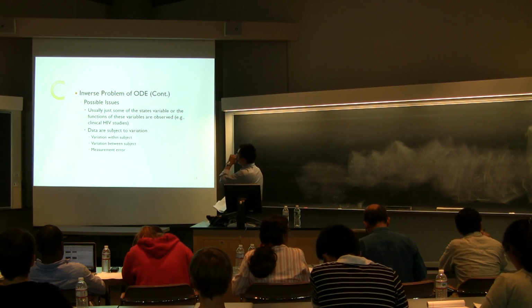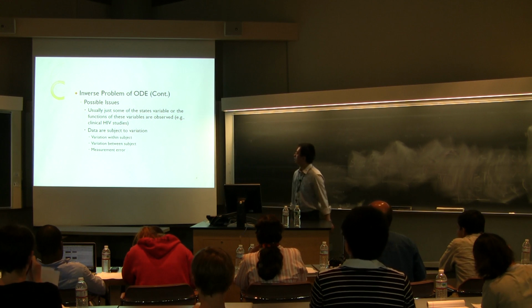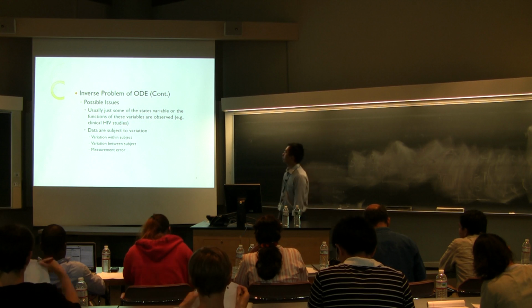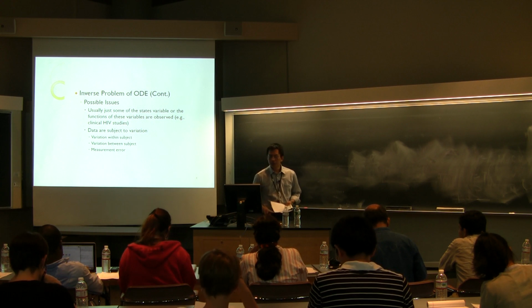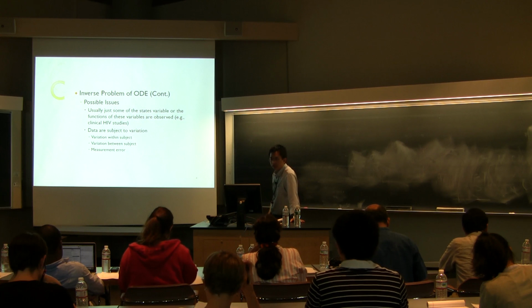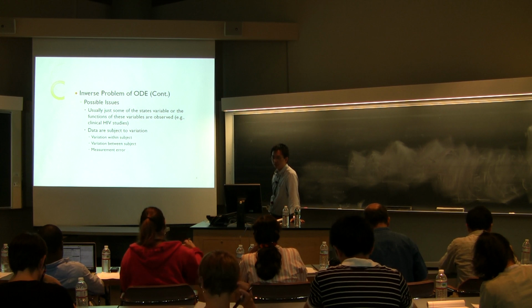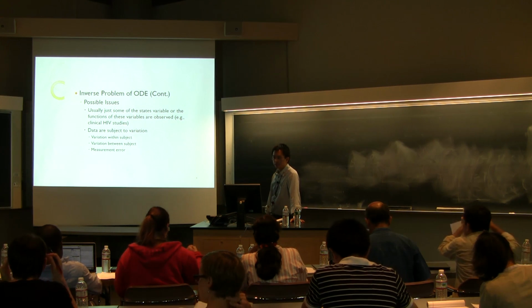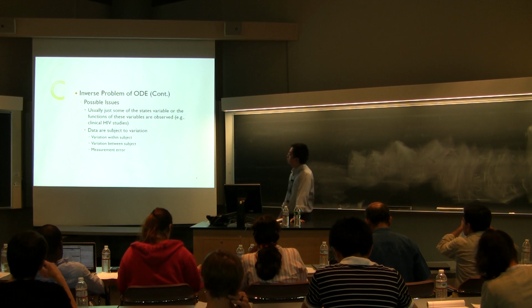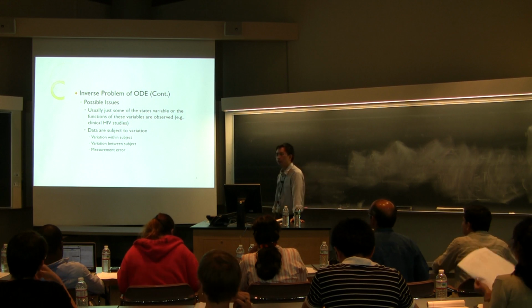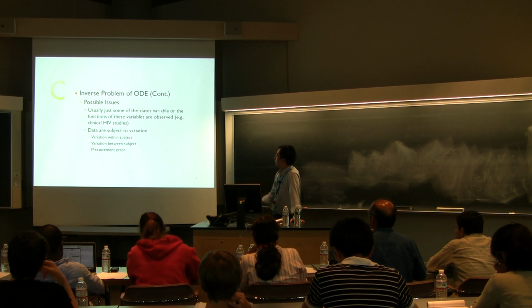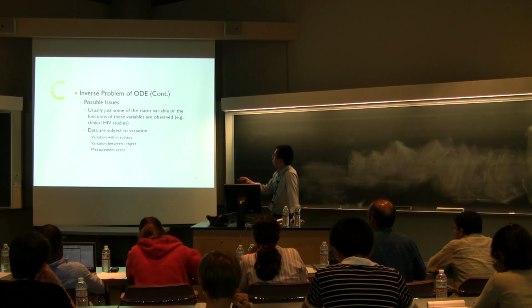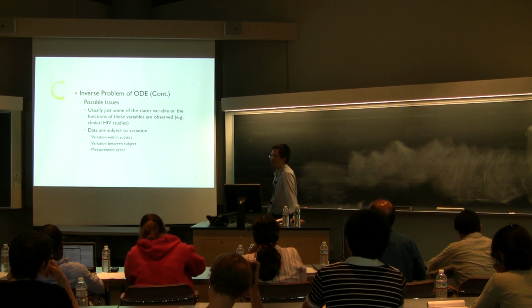When we solve the inverse problem for ODE, there are some possible issues we need to consider. The first one is that, like I just mentioned, usually only some of the state variables can be measured. Also, whatever data you get is subject to variation, for example variation within subject, variation between subjects, or just measurement error.